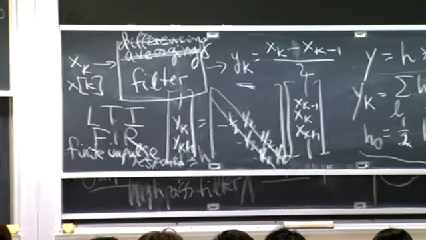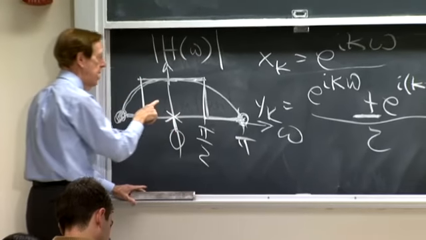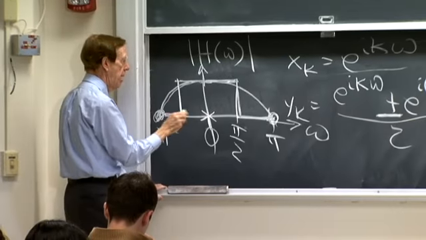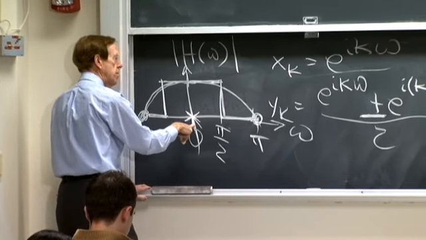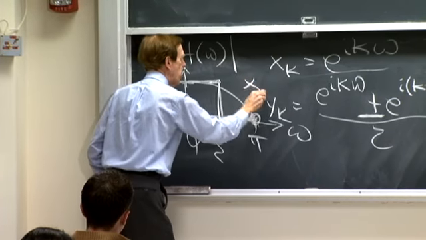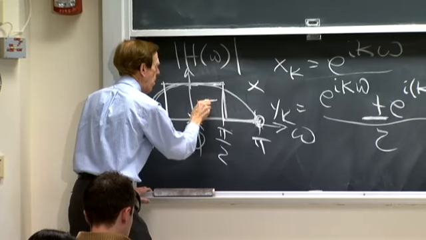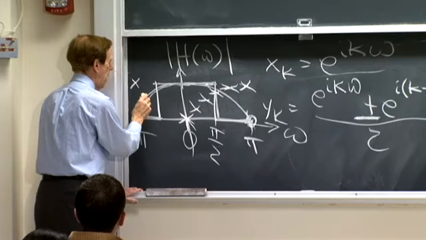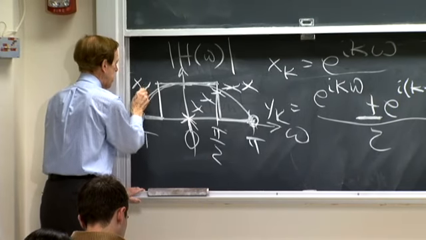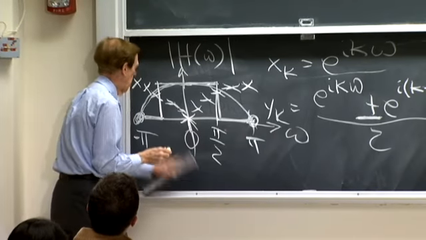Now for this one, I'll do x's for the high pass. The high-pass filter kills the low frequency and preserves the high frequency. And you won't be surprised to find it's some cosine or something. Sorry, that's not much of a cosine.